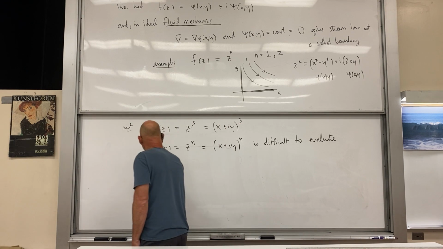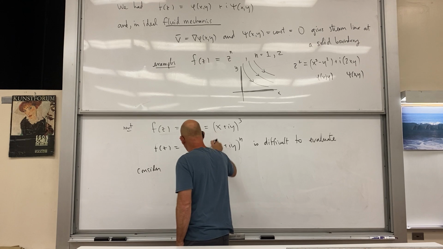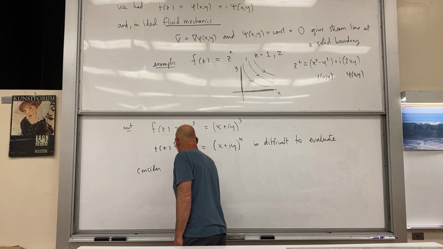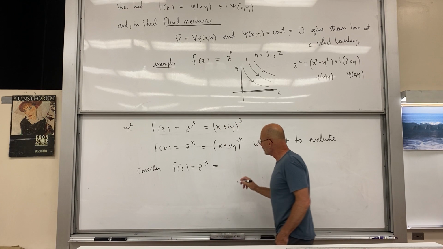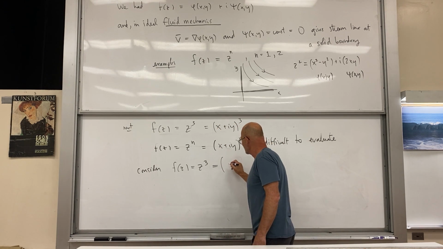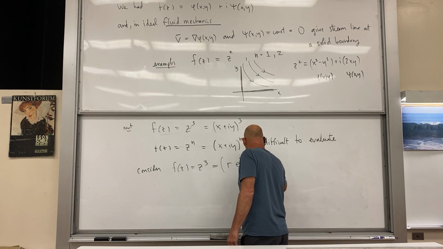So what we're going to do is consider the third power, f of z equals z cubed, and we'll go into Euler's form here. So that's (r e to the i theta) cubed.